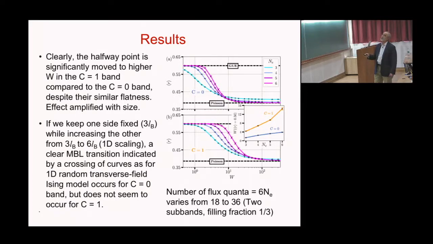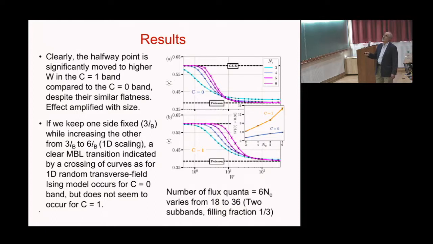So it's telling you very clearly that the topology, which is guaranteeing a critical energy at the center of the band, even for these small sizes, has a very drastic effect on where the system goes from being extended to being quasi-localized. Again, if we look at the midpoint and scale it with the size, it's going up, even though it's not going quite as fast as the simple Landau level; it's certainly going faster and faster as the size goes up.